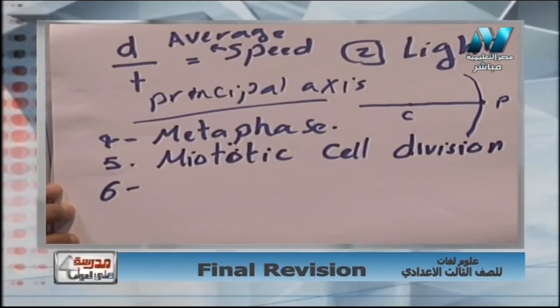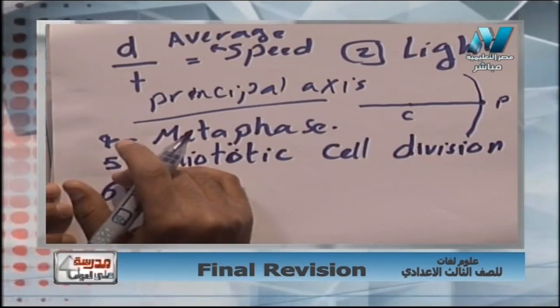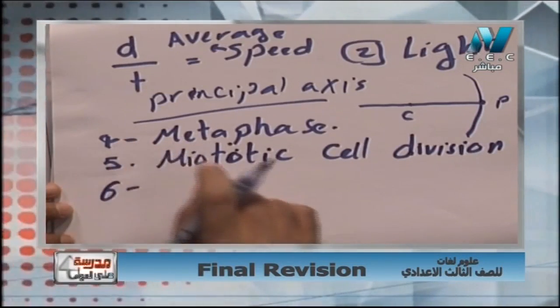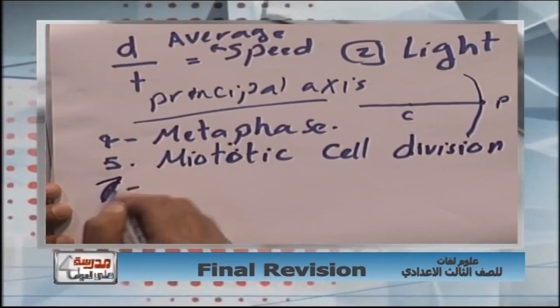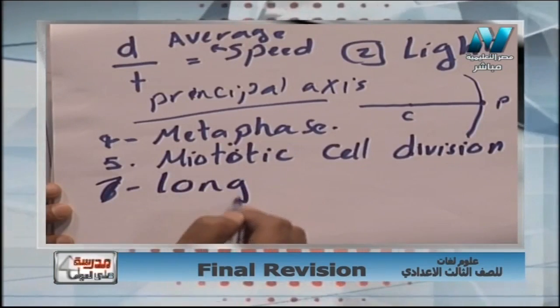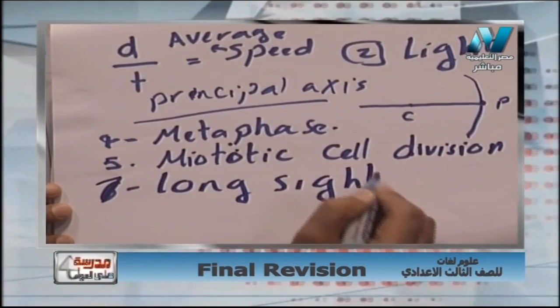If he says decrease, it's long. Decrease of the eyeball diameter, or shortage of convexity of the eye lens, so it is long-sightedness.